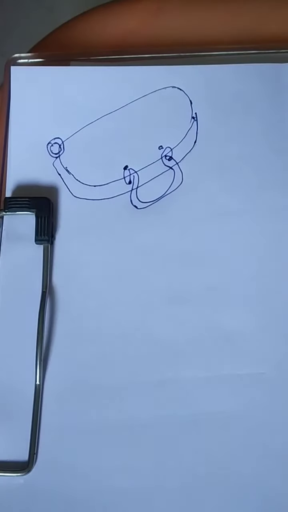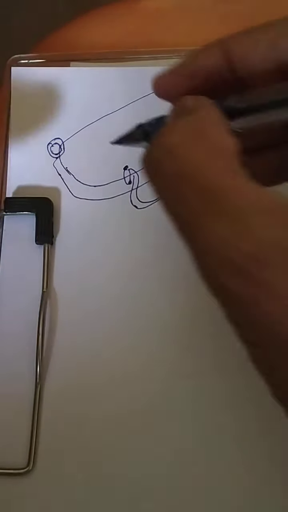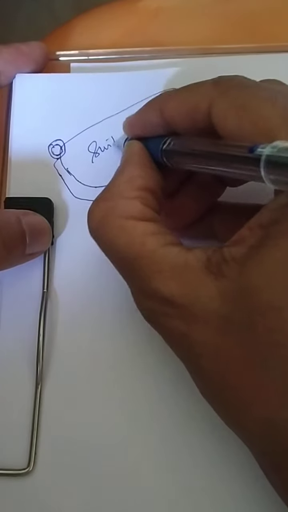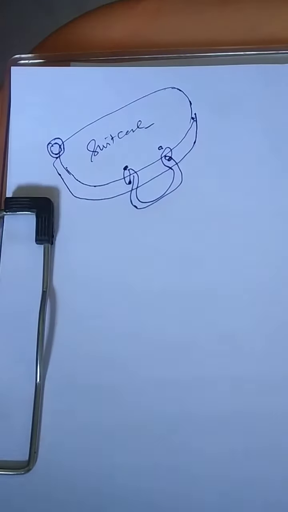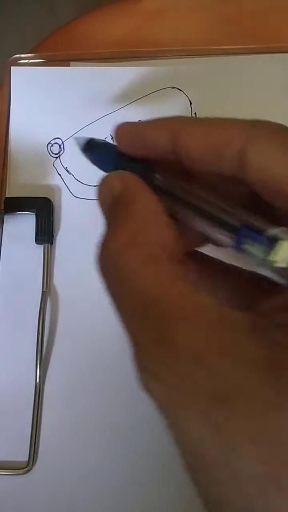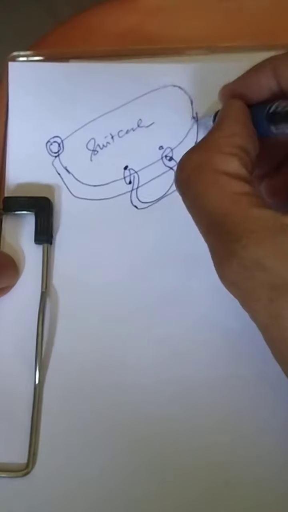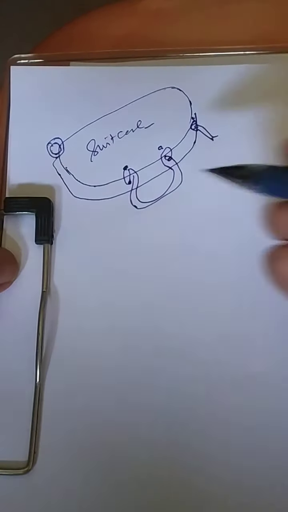Yes, it is a bag. I should say it is a suitcase. This is a wheel, aware no? And this is a handle which is to be pulled like this also.